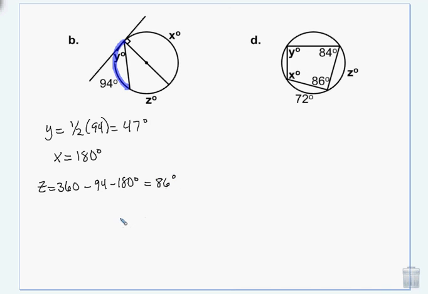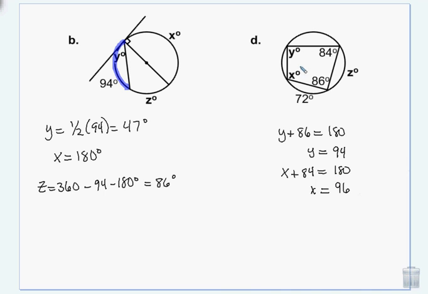Okay. Here we have another one of these situations. Y plus 86 would be 180. So that makes Y 94. Because I subtract 86 from both sides. And I know that X plus 84 is 180, so that makes X 96, because I subtract 84 from both sides.